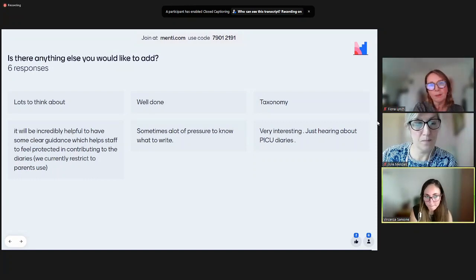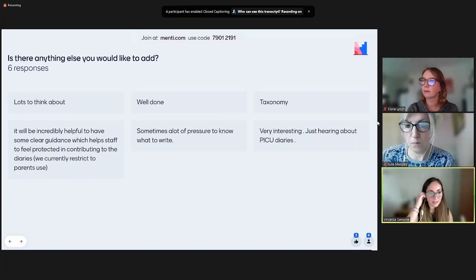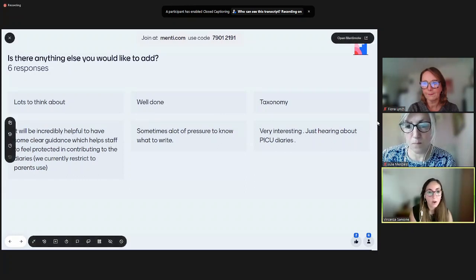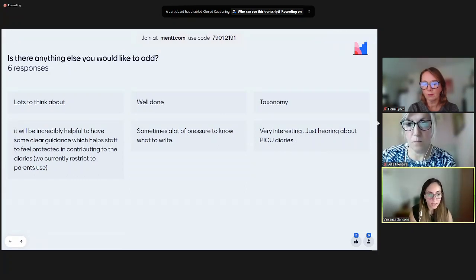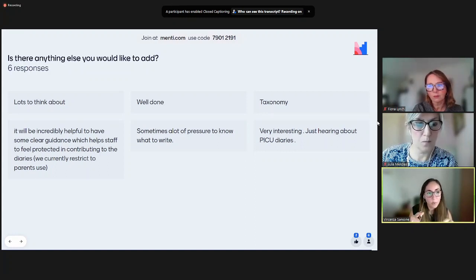It's the same, because in our experience, healthcare workers ask us for more indication about what is correct, more rules, because sometimes it's very difficult to understand what is right to write in the PICU diaries.